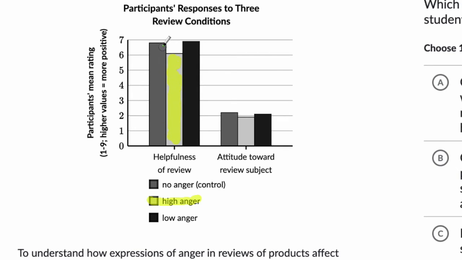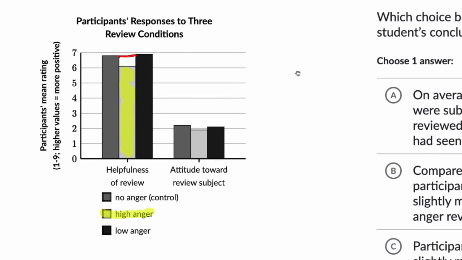It is knocking it down by about a point in terms of the score, whereas no anger versus low anger, we could basically say that's no difference. There's no difference there, because any difference that you have there is inconsequential and probably not statistically significant anyway.